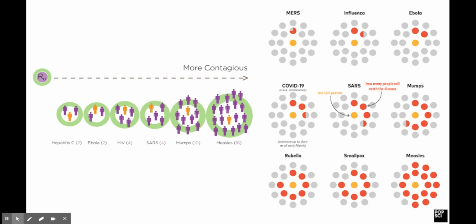Diseases that are more respiratory, spread through the air, tend to be more contagious. So, the most contagious disease that we know about is measles. It has an R naught of 18, and that means for every person who's infected, 18 will contract the disease. Kind of scary.